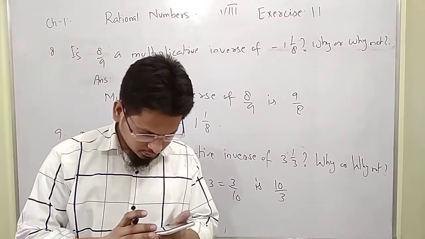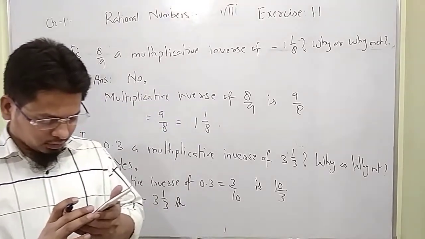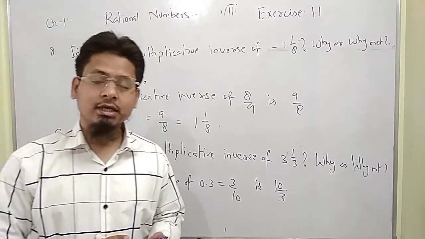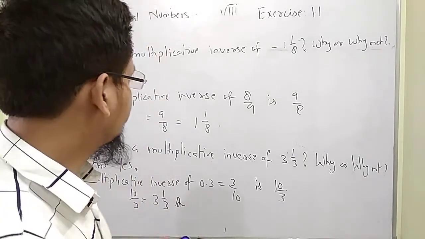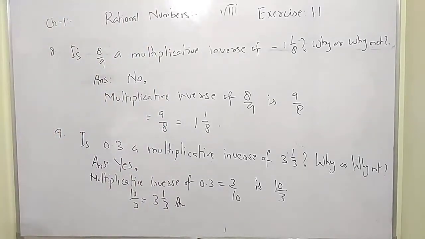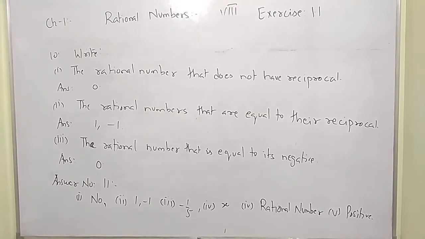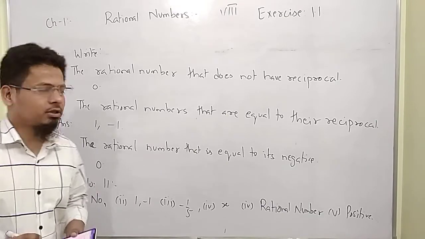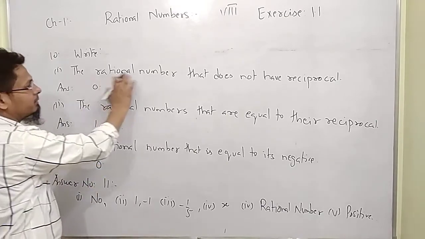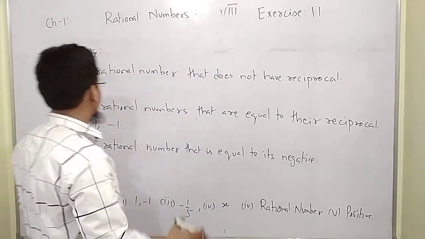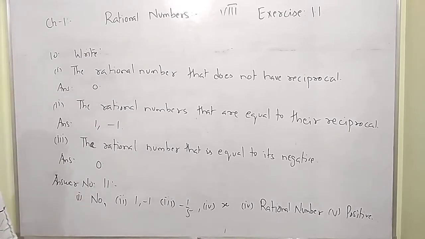Write the rational number that does not have a reciprocal. The answer is 0. Okay, I'm writing here. Class, question number 10: write the rational number that does not have a reciprocal. The answer is 0, because 1 upon 0 is infinity, right?